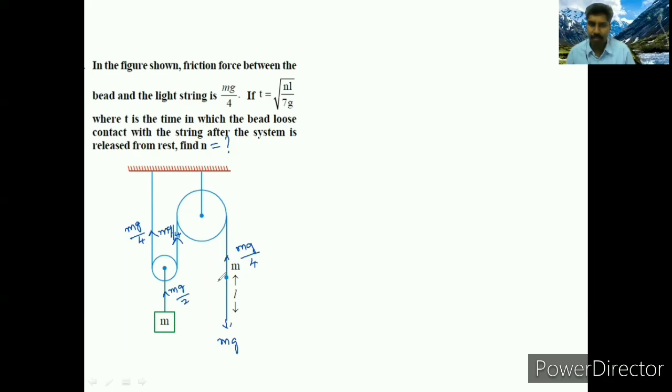Now I will draw the free body diagram in this case. This is the bead. The bead is coming downward, so friction is opposite, upward, with value mg by 4. Next, weight is downward, mg. Now from this, mg minus mg by 4 is equal to ma.